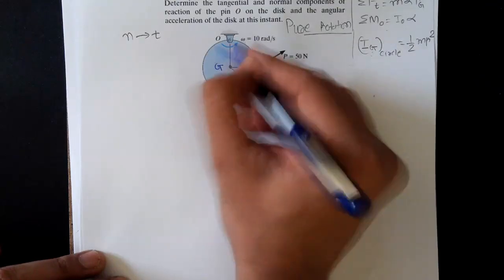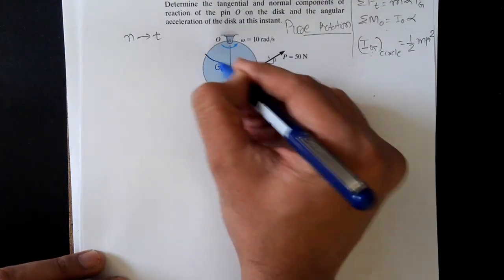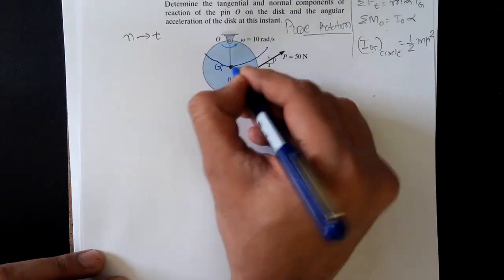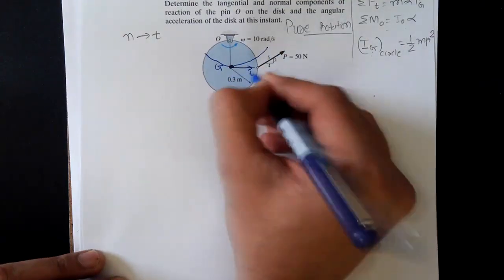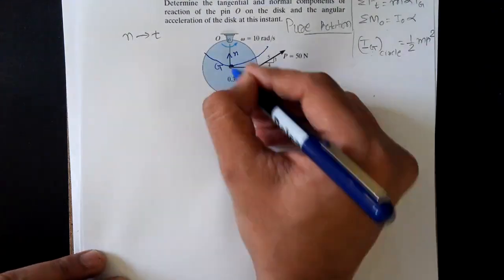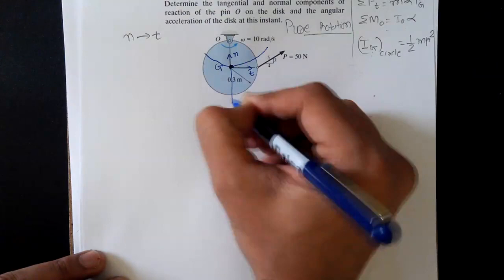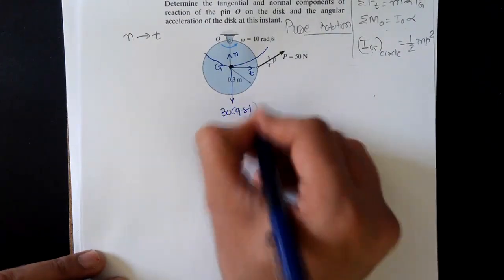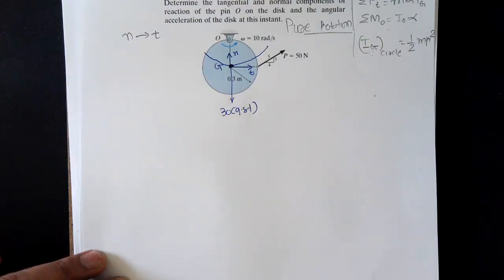Now this is the direction of rotation. So the center of mass goes through a circular path. Okay. And at the given instant, this is the direction of tangential axis and this is the direction of normal axis. Weight of the disk acts through G, which is straight down, which is 30 times 9.81. Okay.